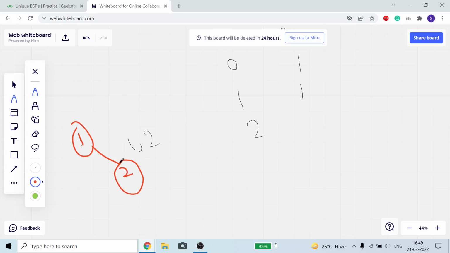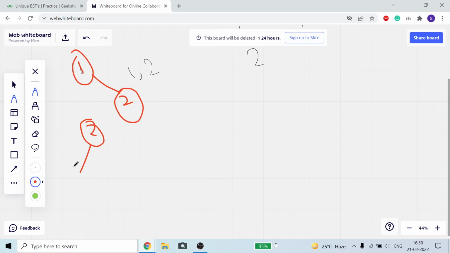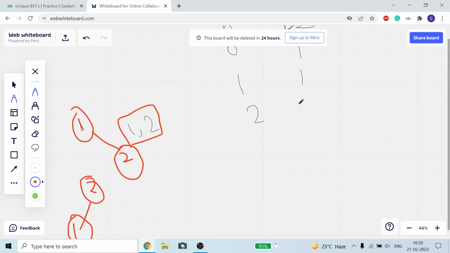It is a binary search tree, so 2 is greater than 1 and will always come to its right side. The second binary tree we can form is 2 with 1 on the left side. So for 1 and 2 we can form these two different binary trees, and the total number is equal to 2.